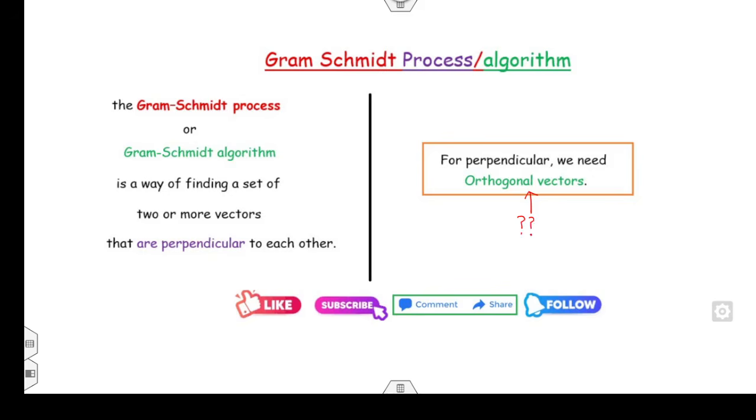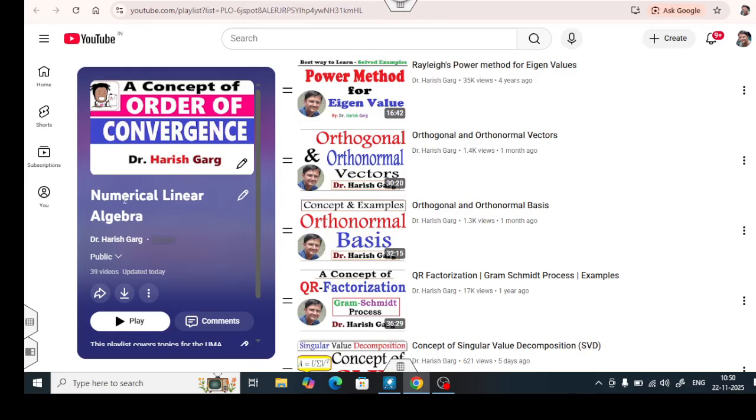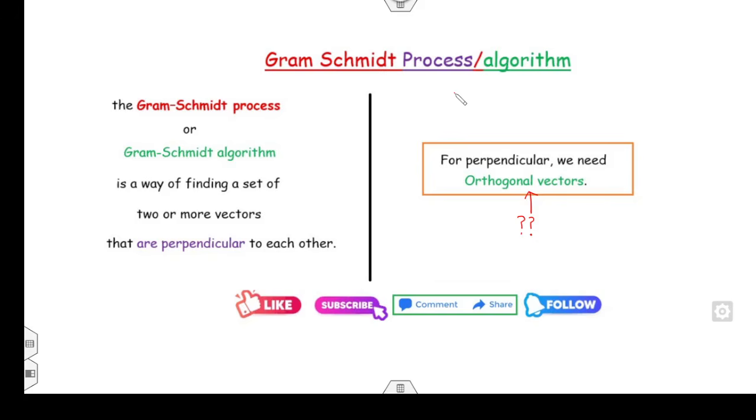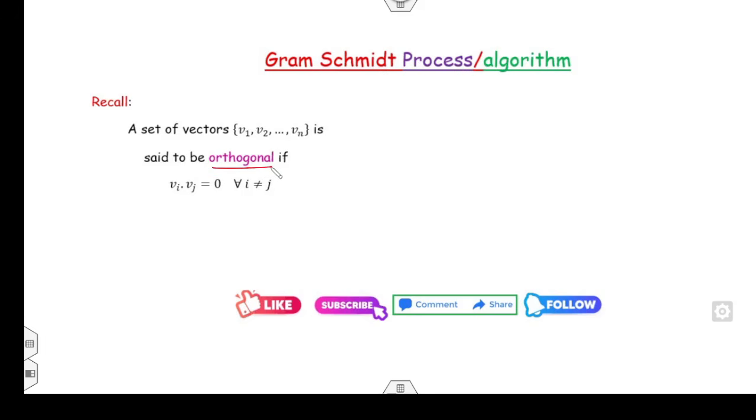If you already watched my previous lectures available under the playlist Numerical Linear Algebra, you can see I had defined the concept of the orthogonal and the orthonormal basis. If you have a set of vectors v1, v2 and vn, these vectors are said to be orthogonal if the dot product of each pair vi and vj is 0 whenever i is not equal to j.